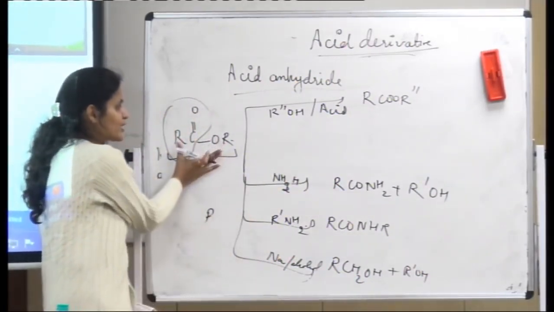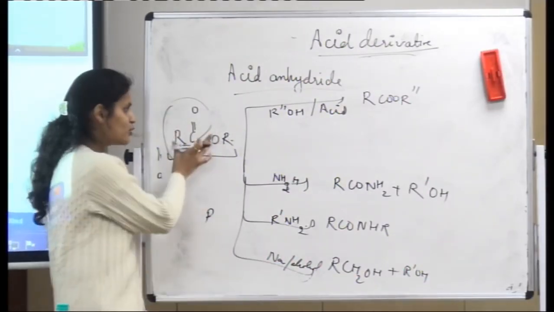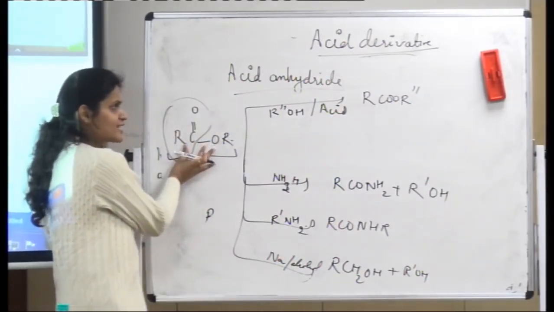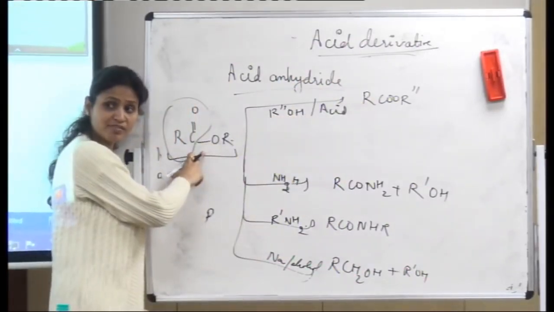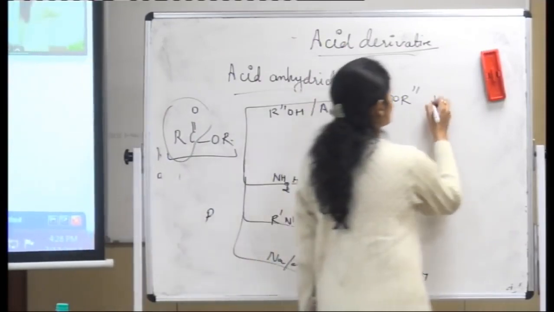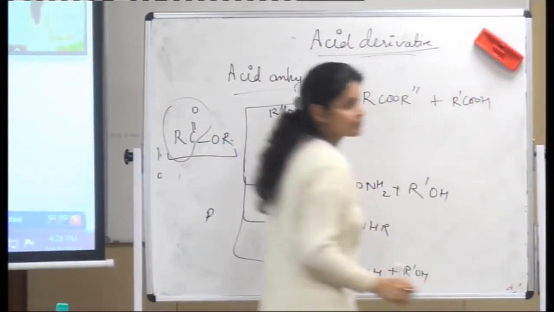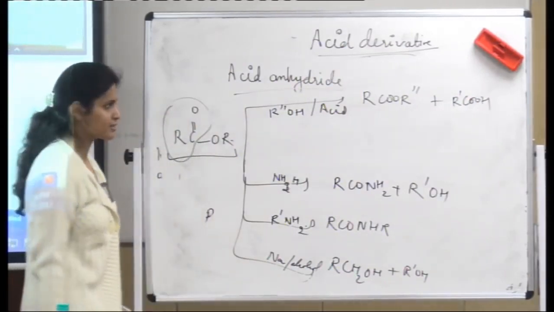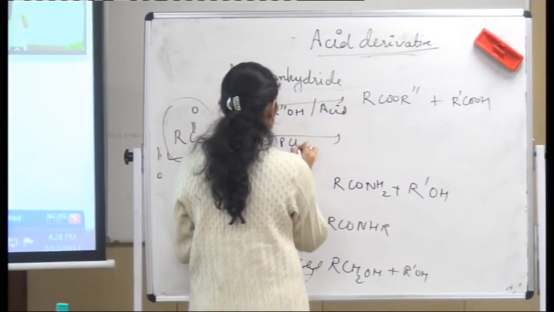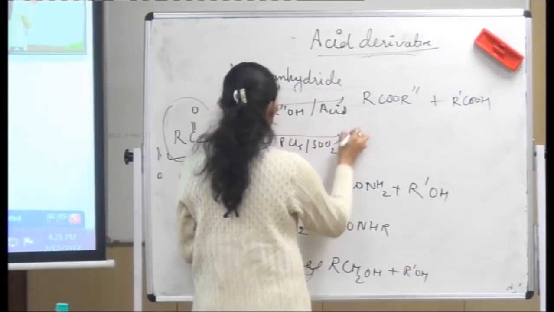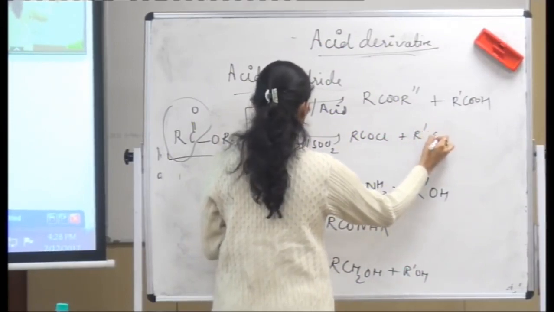Basically, you can consider this acid anhydride as an acid, and you are using one molecule of this acid and an alcohol to form ester, and you will be left with one more molecule of acid. It would be R dash COOH, carboxylic acid. With reaction PCl5 or SOCl2, it would be RCOCl and R dash Cl.